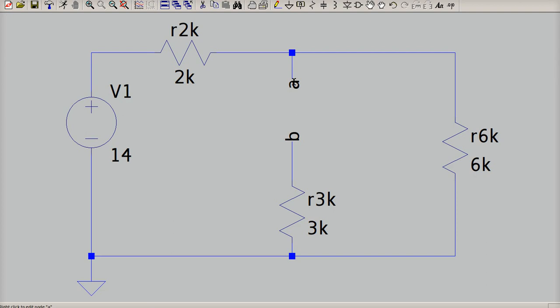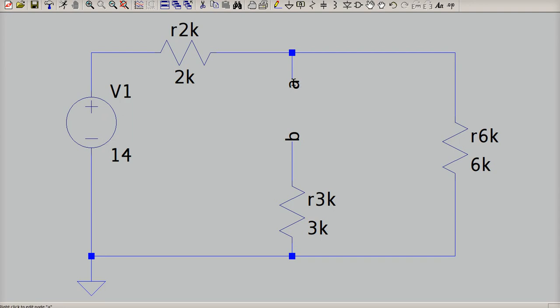And so to get my Thevenin resistance, I want to go from A to B and figure up the equivalent resistance for this entire circuit. So as we talked about in one of the videos, whenever I'm going to do a resistance substitution, I'm going to remove my voltage source and replace it with a short.